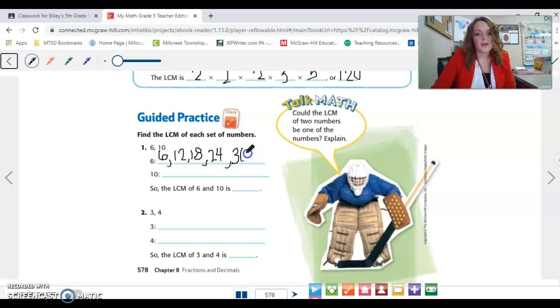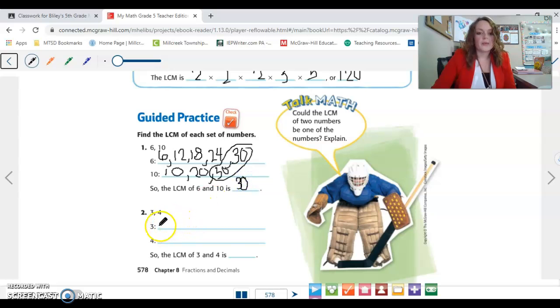Oh, I know I can stop because this has a 0 and I'm doing multiples of 10. It needs to be the same. So 10, 20, 30. I can stop. I have 30s. They match. They are the same. This is the smallest multiple that they have in common. So the least common multiple of 6 and 10 is 30.